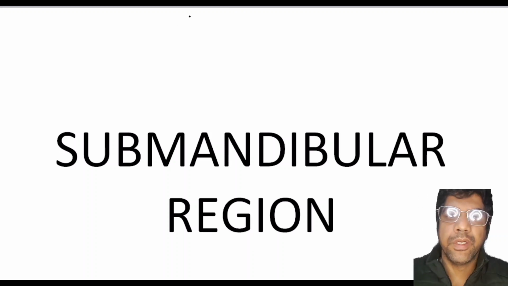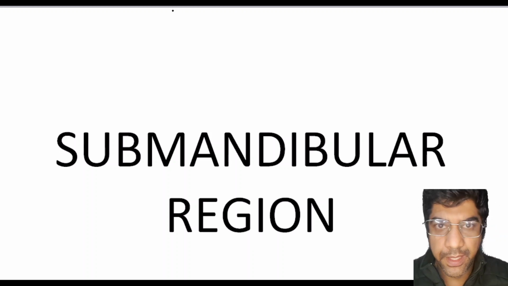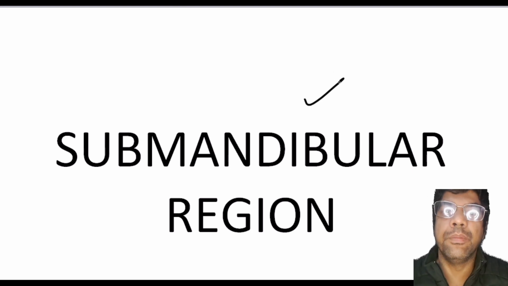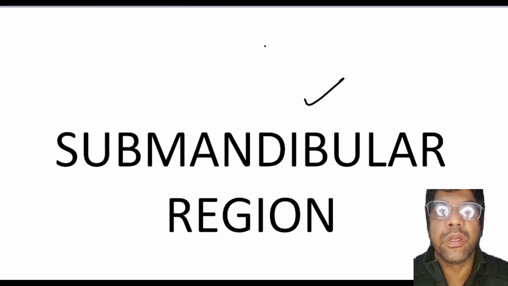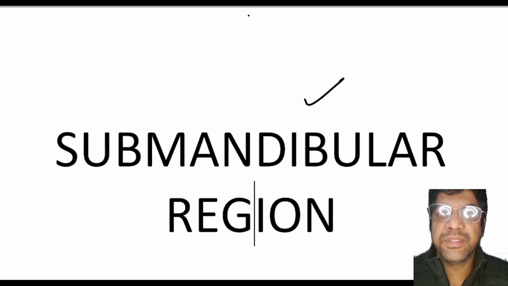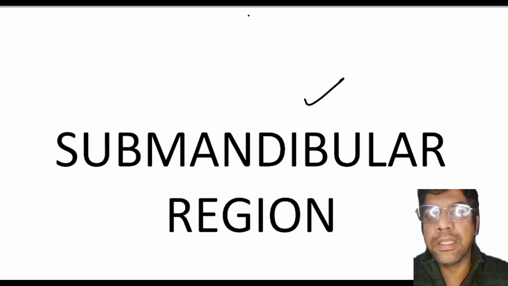So hello everyone, our topic today is the submandibular region. Remember, the submandibular region is like a backstage of your mouth that is hidden between the mandible and the hyoid bone. Imagine the muscles here as the workers that help with the various mouth movements.